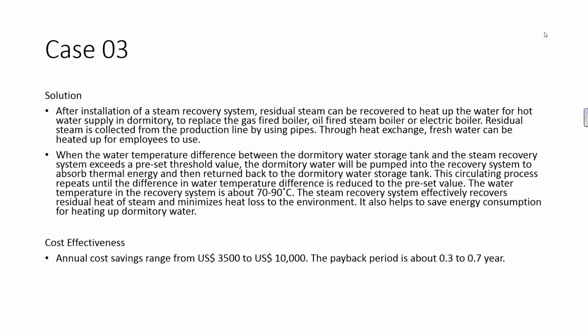When the water temperature difference between the dormitory water storage tank and the steam recovery system exceeds a preset threshold value, the dormitory water will be pumped into the recovery system to absorb thermal energy and then returned to the dormitory water storage tank.